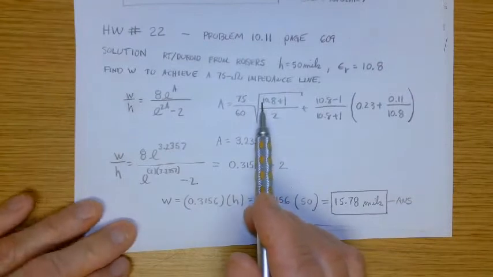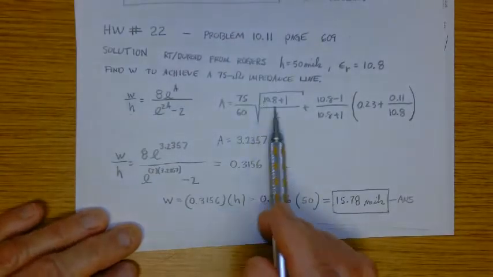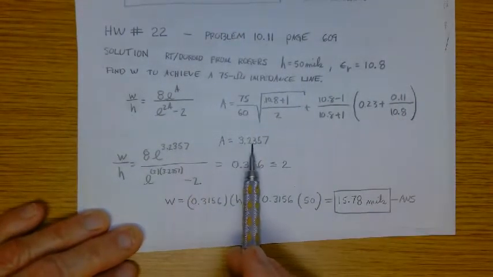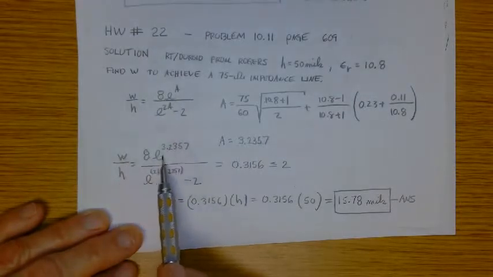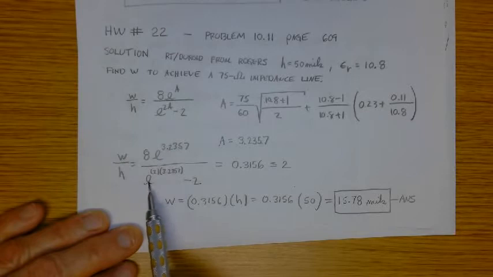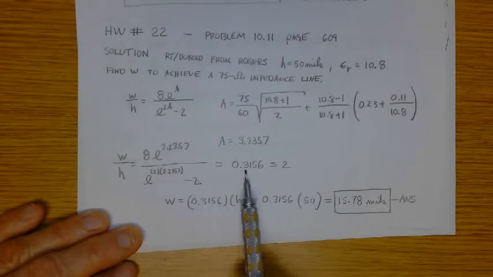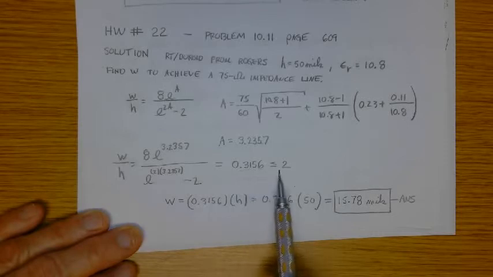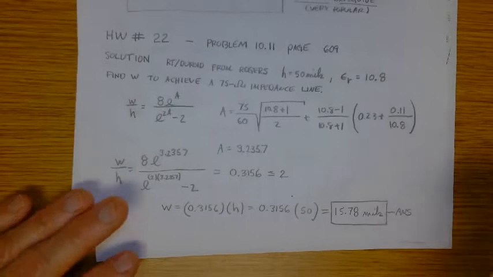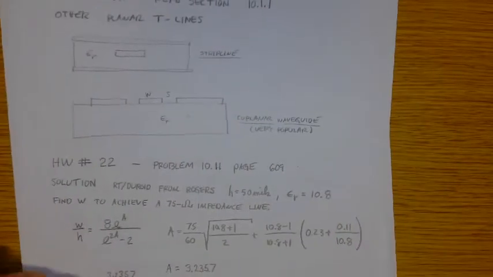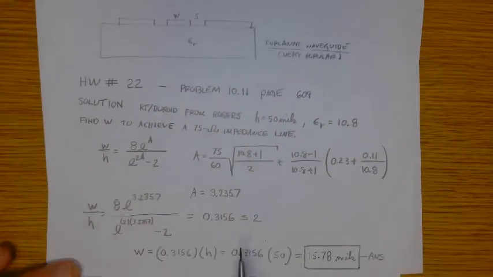Okay, so now that we know A, 3.2357, we know that W over H is 8e^A divided by quantity e^2A minus 2. That gives us 0.3156. That's less than 2, and so this is the right formula to use. This is the correct formula to use.